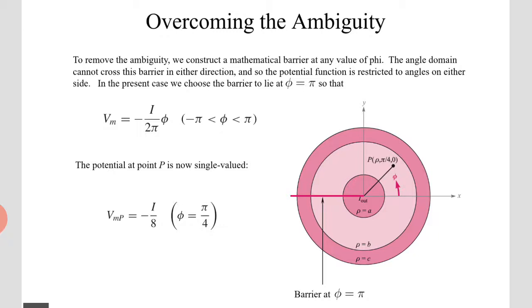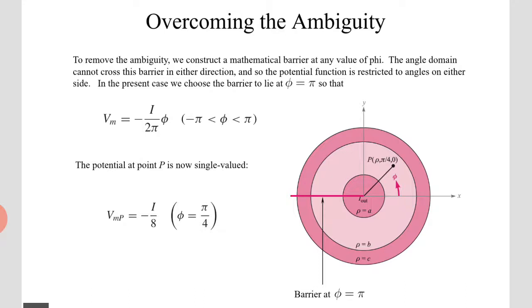In the present case we choose the barrier at φ is equal to π, so that the scalar magnetic potential is Vm is equal to minus I by 2π φ, where φ is greater than minus π and less than π. The potential at point P is now single valued.